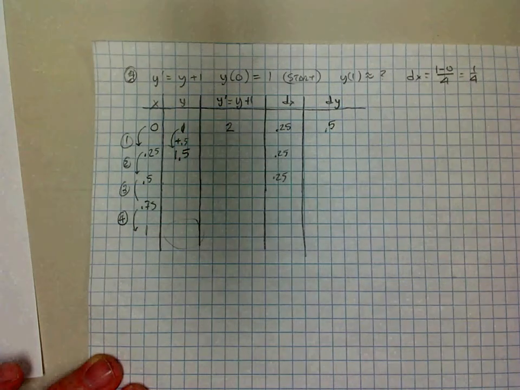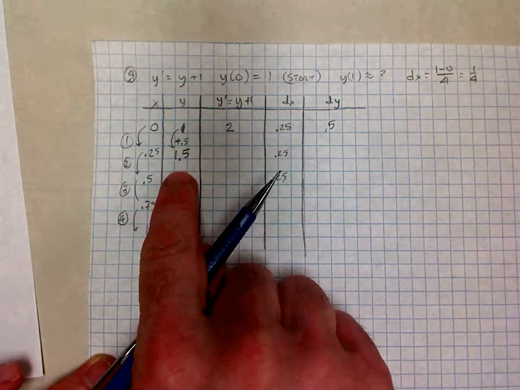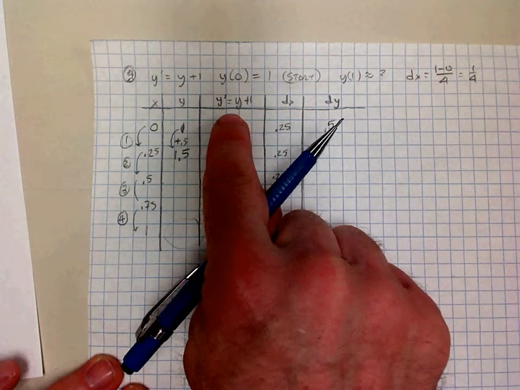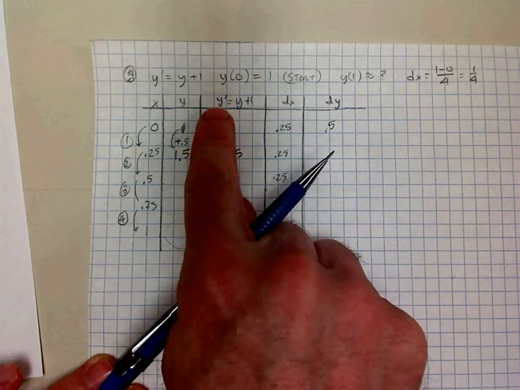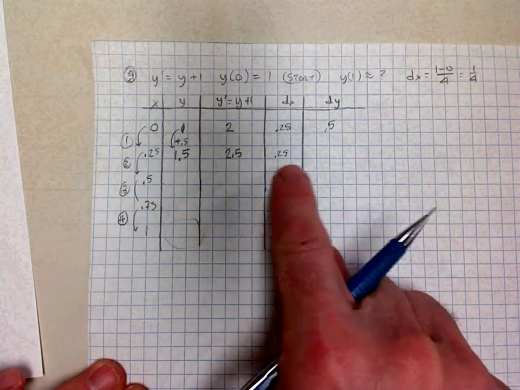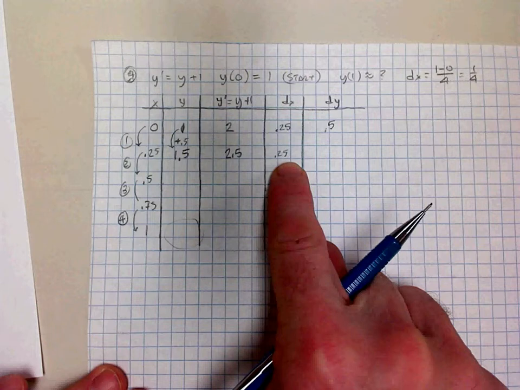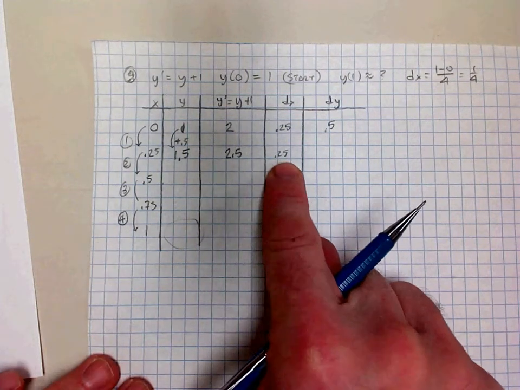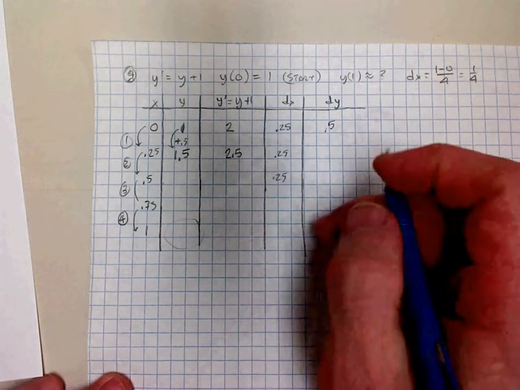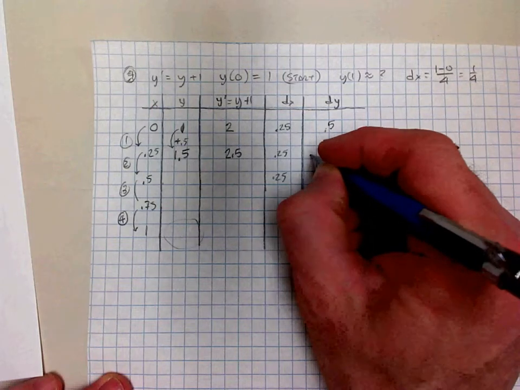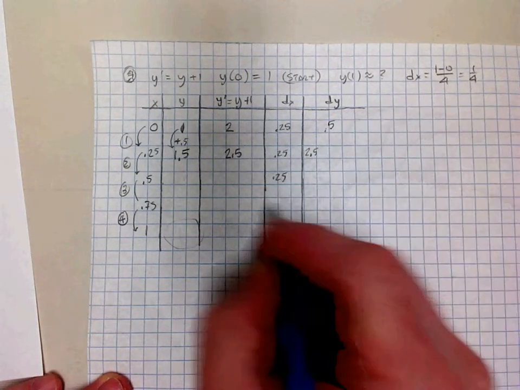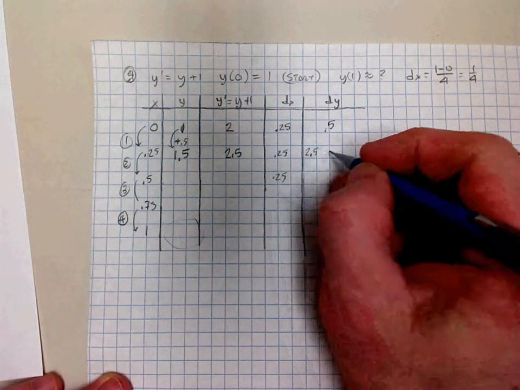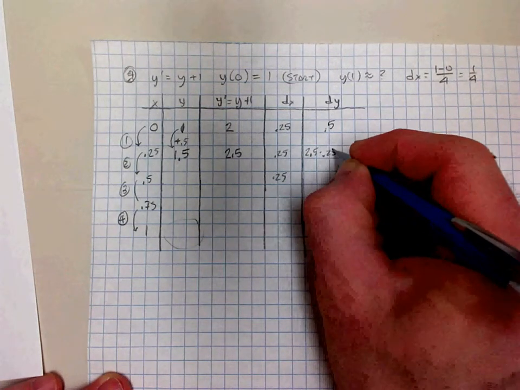We need that to calculate y prime. We'll add 1 to that and get 2.5 for y prime. 2.5 times 0.25 gives us our next value. Let me write that down so you see it. This 2.5 y prime times dx, 0.25, gives us 0.625.